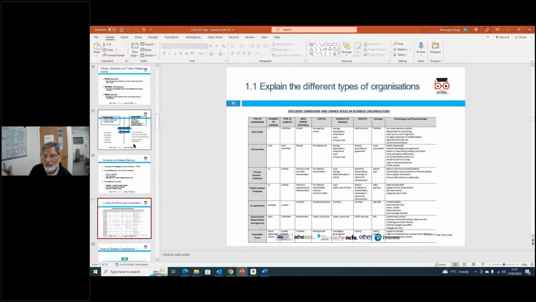So what's the advantage of being a sole trader? You can put your own prices.